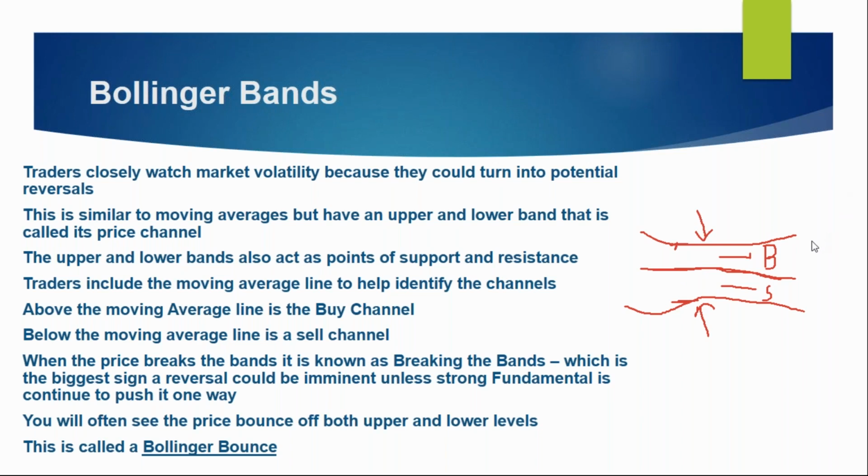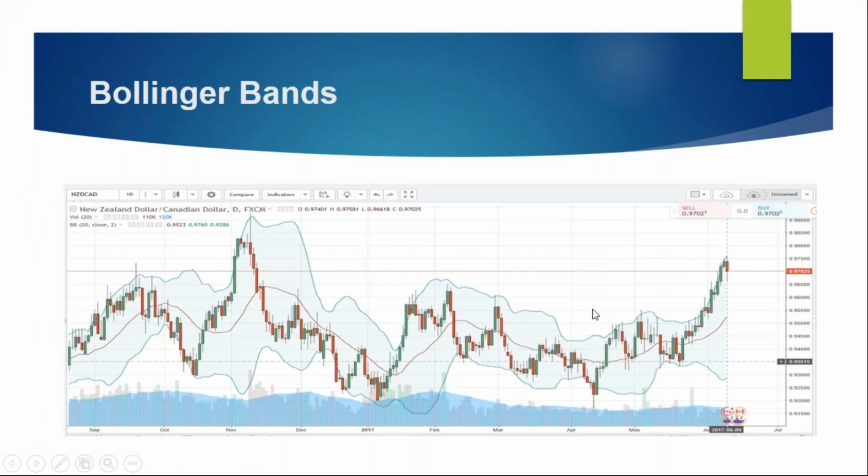So let's look at it here on a chart. We can see it on the daily time frame. It's a lot more rare that you get breakouts of Bollinger Bands on daily time frames, but you can get good bounces off the top of them. If we start over here, this leg here, is it in a buy channel or is it in a sell channel?